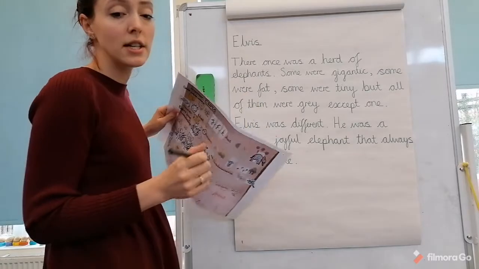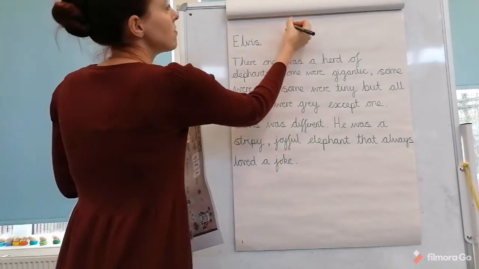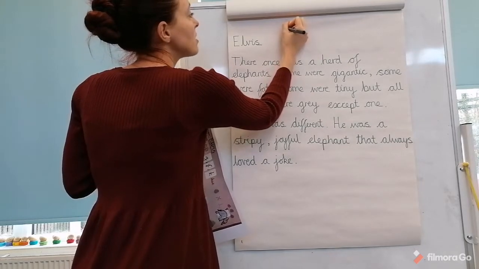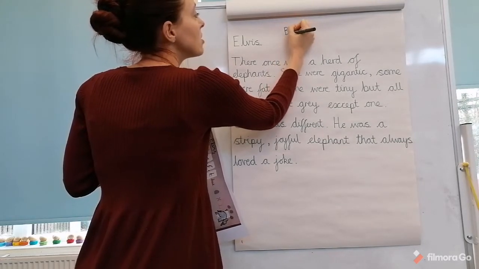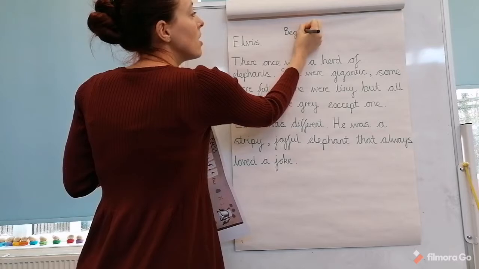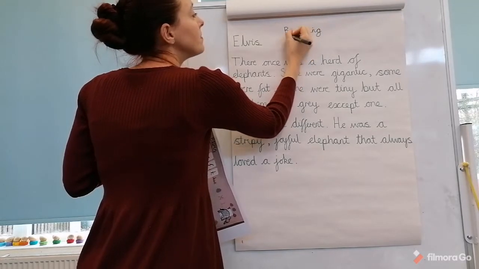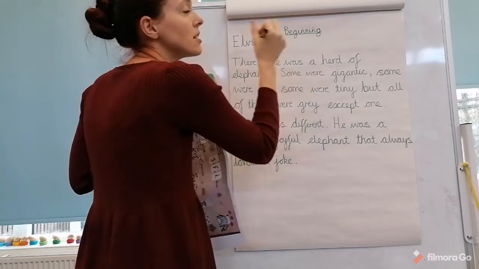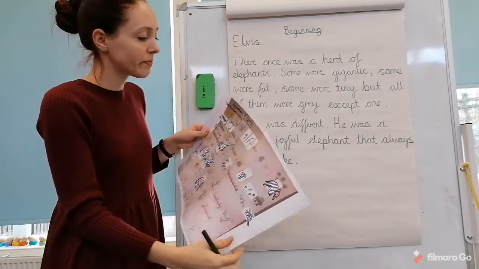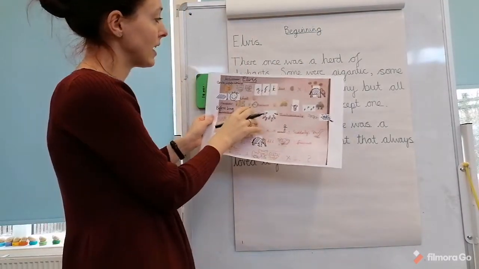So I've already written my beginning part here, and I'm going to read it to you in a moment. I'm going to write beginning just to remind us of the sections in our story. Okay, so I can find my beginning on my map.